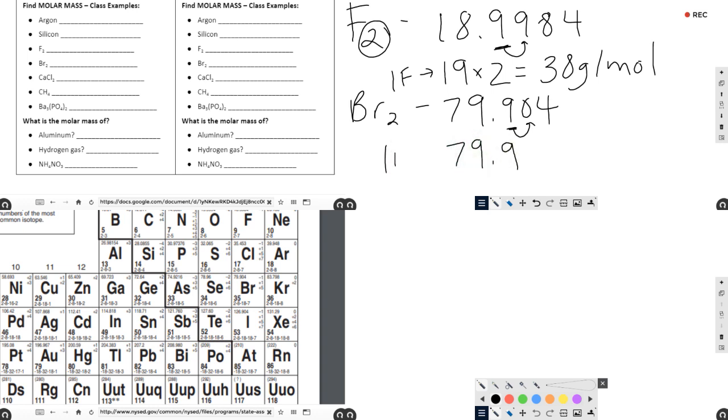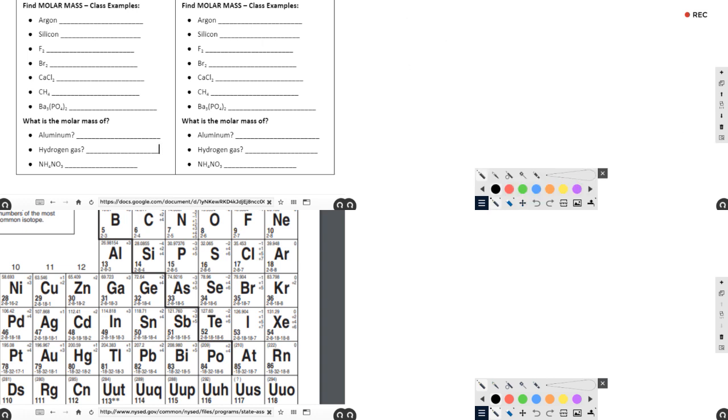But remember, that's 1 Br, and I have 2. So I have to take this number times 2, okay? So 9 times 2 is 18, carry the 1, 9, 114, 159, which makes sense. This is about 80. This should be about 160, but a little less grams per mole. Okay, so those are the diatomic.